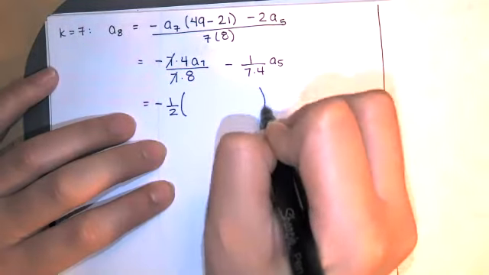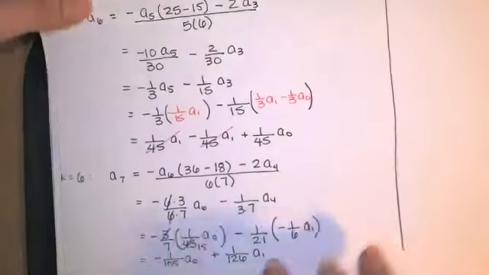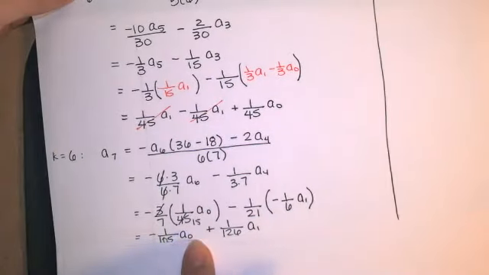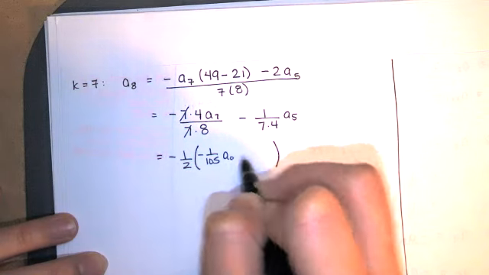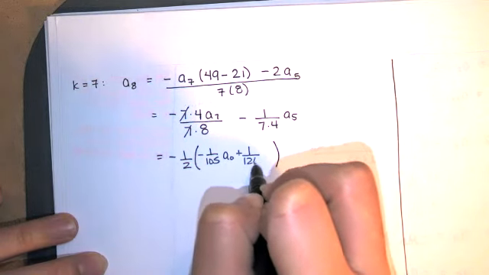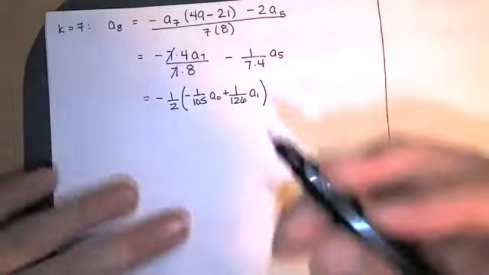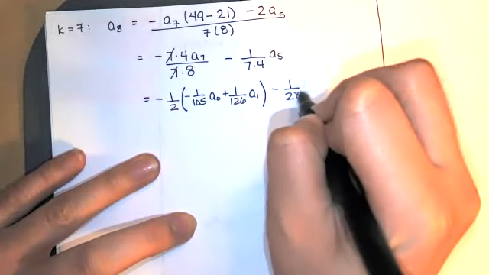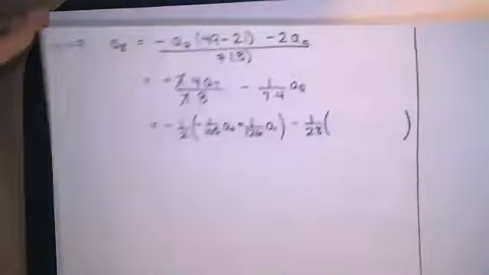And then I want to substitute in a sub 7. Now a sub 7 from the last page was this: negative 1 over 105 times a naught, plus 1 over 126 times a sub 1. Yep, that's right. And then I've got a negative 1 over 28 times a sub 5. And a sub 5 was negative 1/15 of a sub 1.